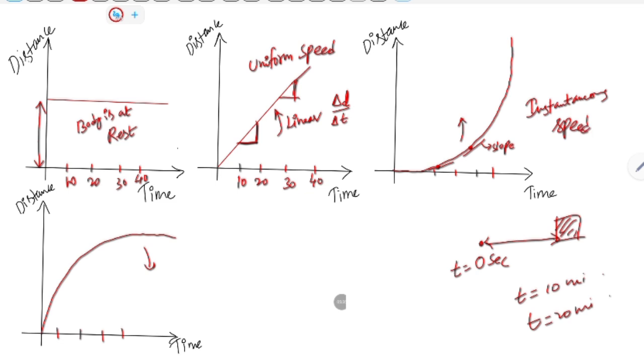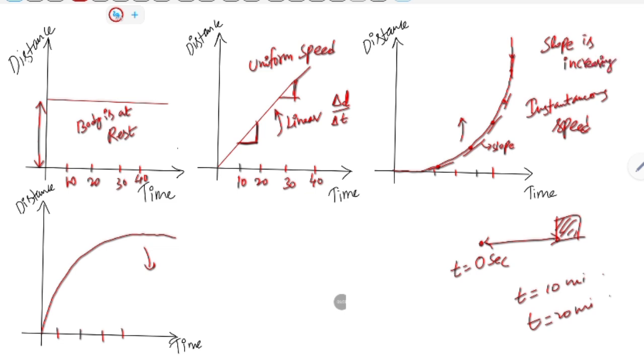Okay, so if you observe, when you consider different points on the curve, and at different points you draw a tangent and find the slope of those tangents, you can observe that the slope is increasing. Slope means, as I already told you, the slope of a distance time graph gives us speed.